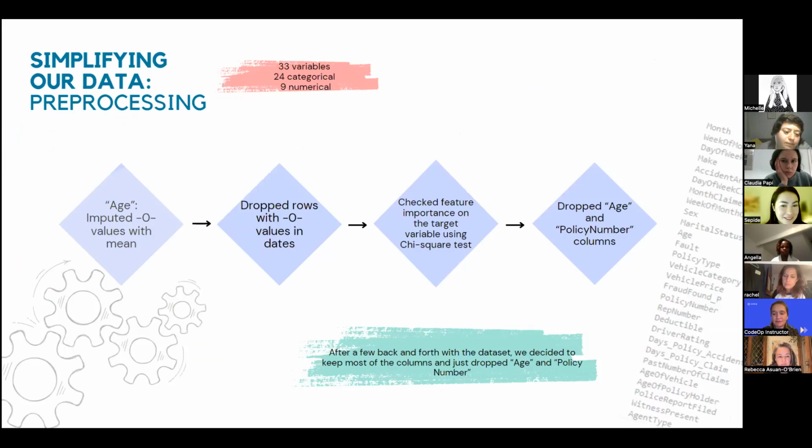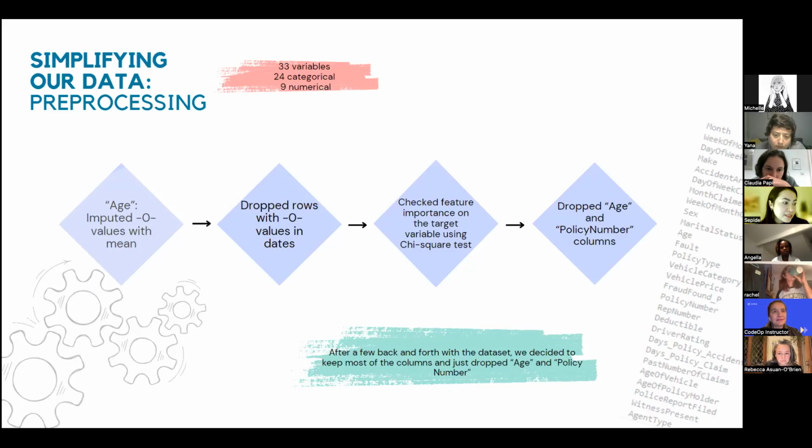So let's have a look at what our data pre-processing steps were. Our raw data set included 33 variables, of which 24 were categorical and 9 were numerical features. In order to prepare this data, we one-hot encoded our categorical columns, and we also had a look into each column, and we noticed that in the age column, we have 320 zero values, which didn't make sense, obviously, for age.